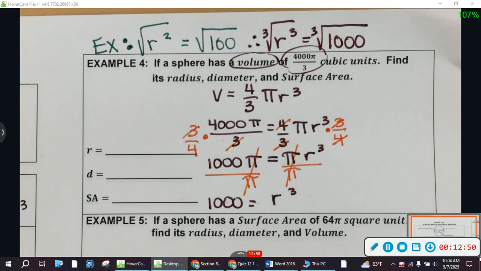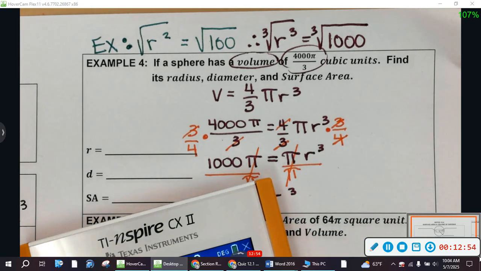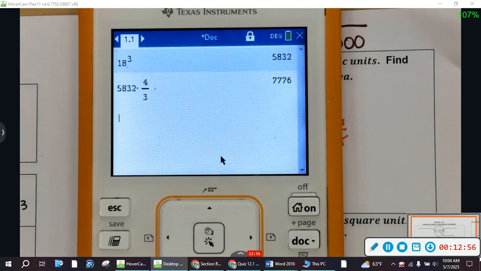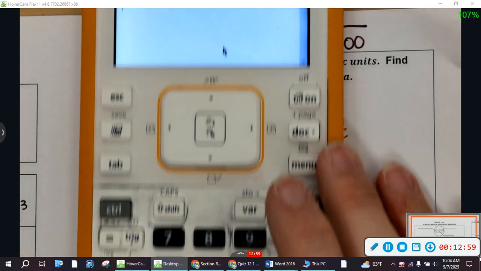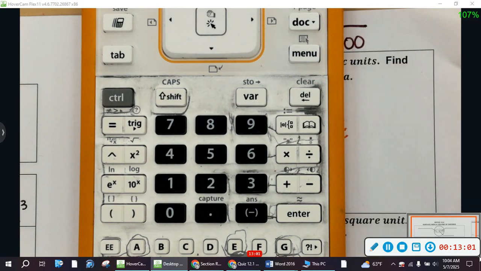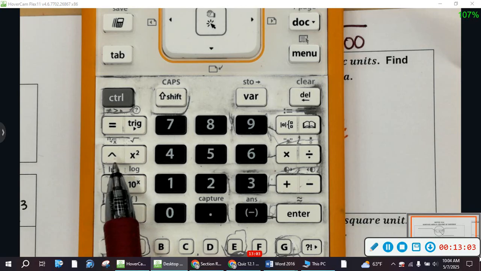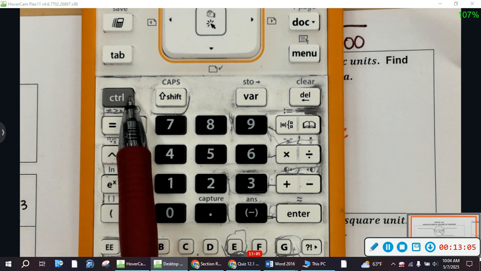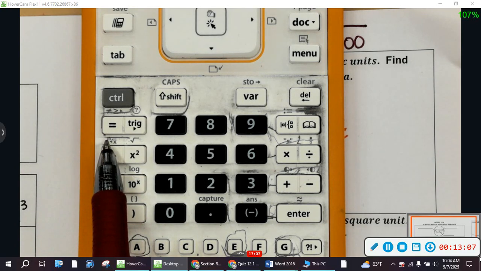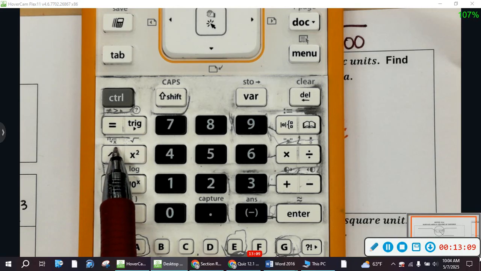So we definitely need a calculator for that one because my brain's not going to work that hard. So I go on here. Where do I find this cube root? Down here where we found the caret top. We got the control and caret top. It's got the n square root of x.